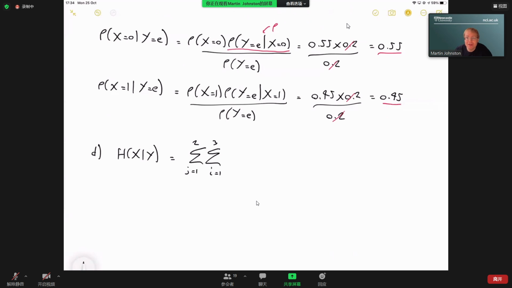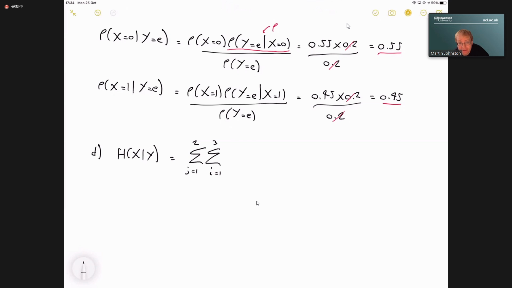So we've got 2 input bits and 3 output symbols. And the equation we'll use is: the probability of y_i times the probability of x_j given y_i times log to the base 2 of 1 over the probability of x_j given y_i.